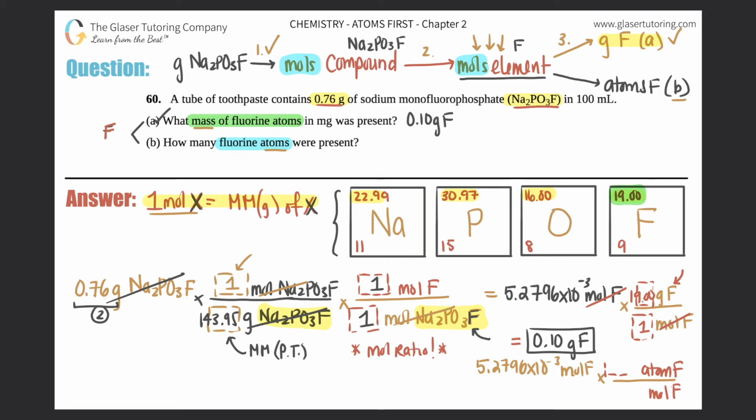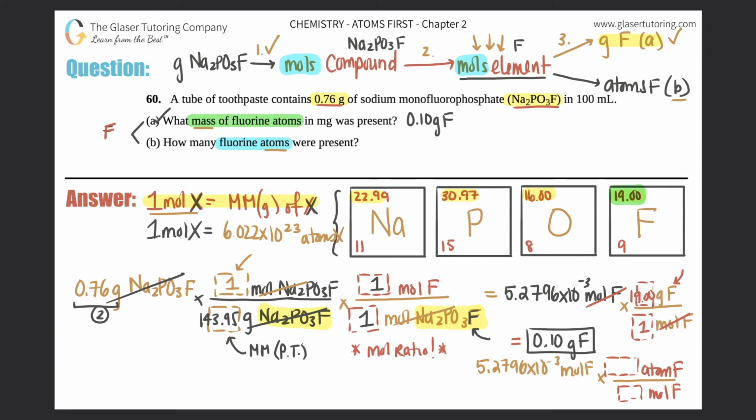What's the relationship between an atom of fluorine to a mole? That's also another super important one that you guys should know. 1 mole of anything equals Avogadro's number, right? 6.022 times 10 to the 23rd atoms of anything, right?